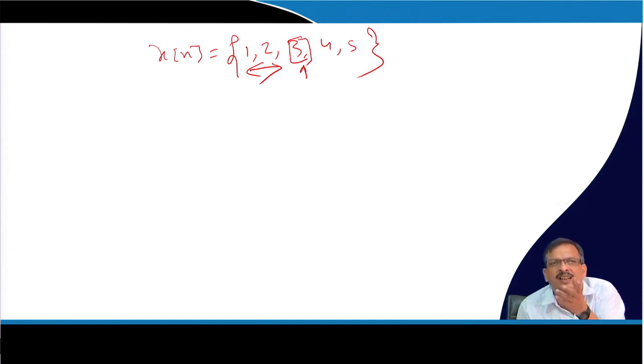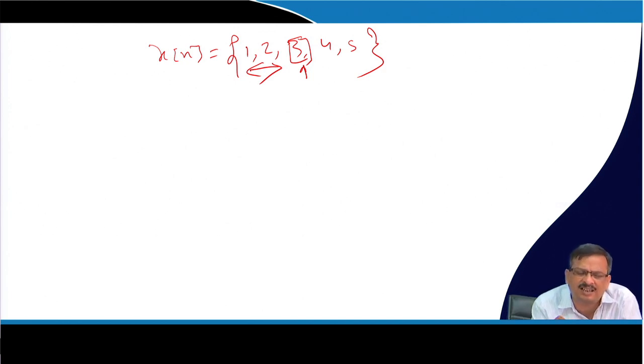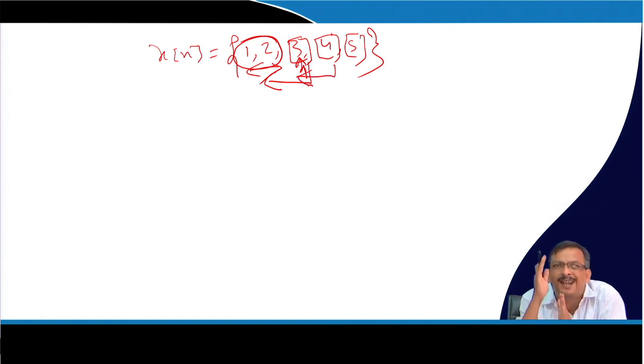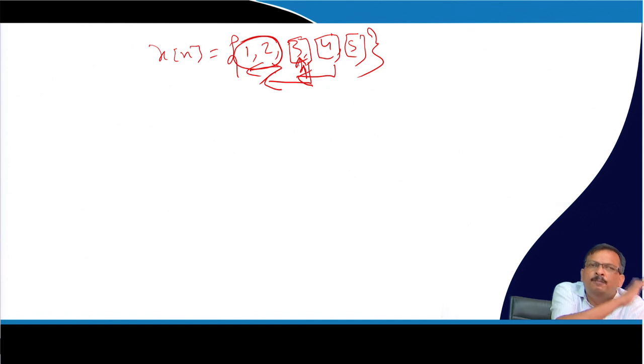A neural network is also a prediction, but it is non-linear. Here I said linear prediction. That means this 3 is a linear combination of the previous two samples. Similarly, 4 is a linear combination of the previous two samples, and 5 is a linear combination of the previous two samples. So I can predict the present sample from the past samples.